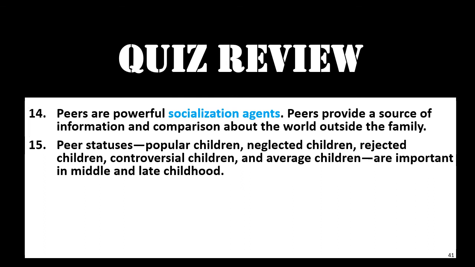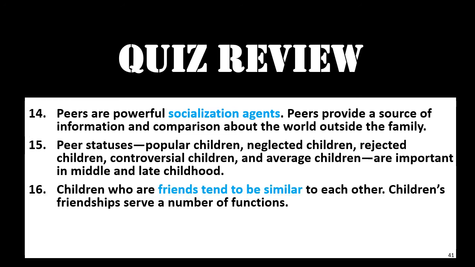They care about it more or less depending on age. We're going to see that especially as we get into the teenage years next. Like my daughter, as a 4-year-old, might care what her friends think, but nowhere near as much as she will when she's 14. Children who are friends tend to be similar to each other.